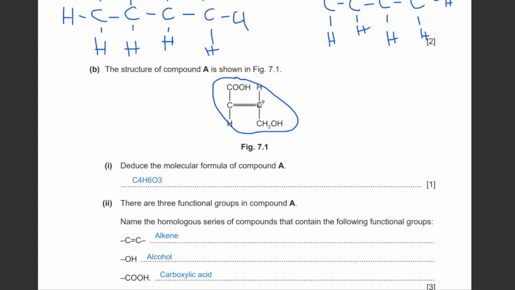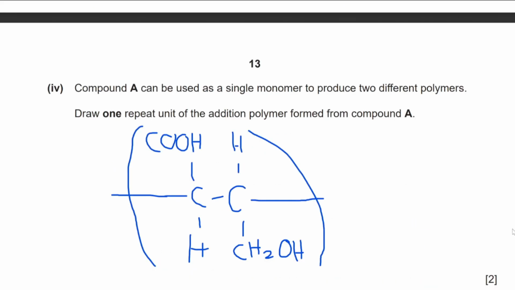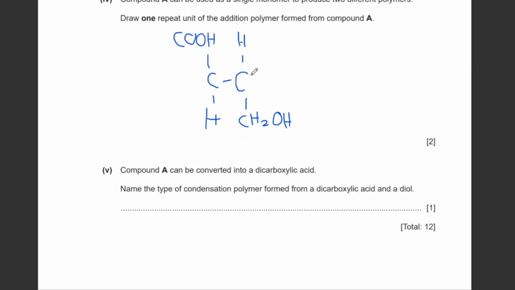However, this time you will not draw the double bond between the carbons because the double bond between the carbon atoms would break, so it could form single bonds with the monomers. Now there you go. That's one repeat unit. Compound A can be converted into a dicarboxylic acid. Name the type of condensation polymer formed from a dicarboxylic acid and a diol. That would be a polyester.